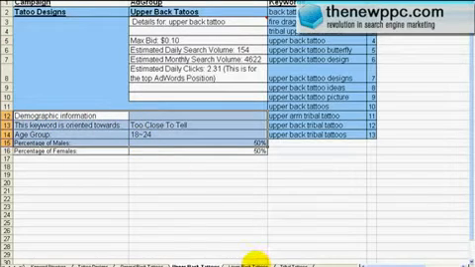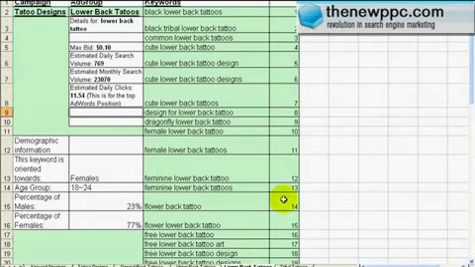And the next tab over we're gonna go to is lower back tattoos. This was big when Larry and I saw it. Mm-hmm. It was only 769 searches a day, just on Google, and about 12 clicks a day. But here we go. This is where advertising on MSN is very, very useful.